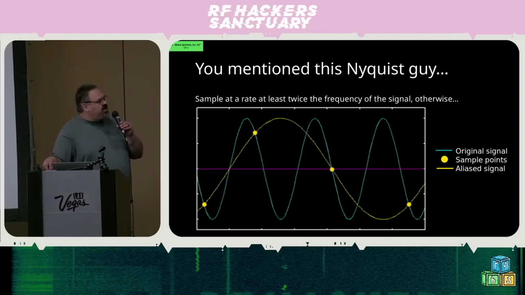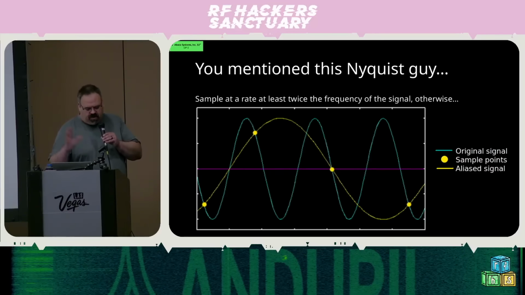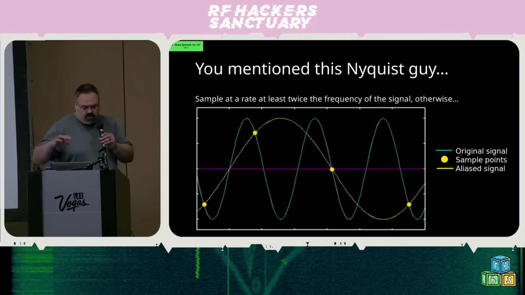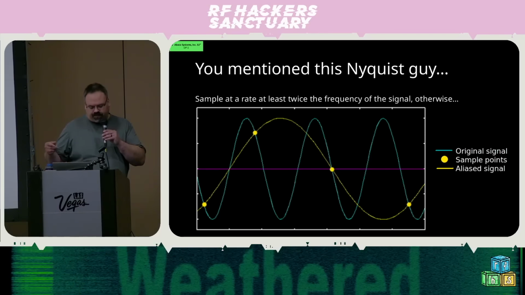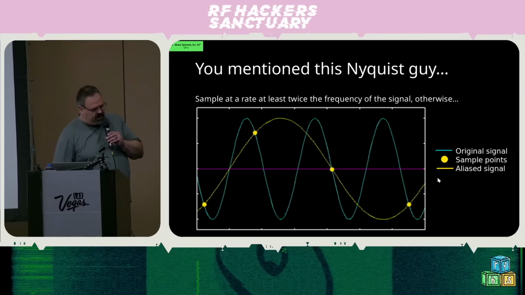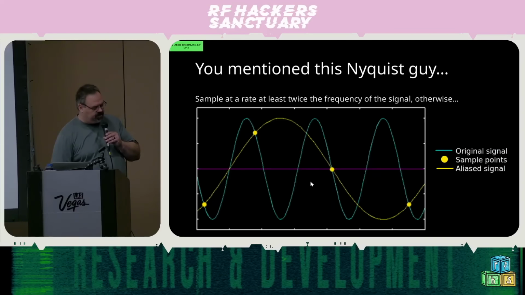So here's kind of what happens when you're oversampling, or I'm sorry, not oversampling, aliasing. The Nyquist rate, like I said, means you have to sample at twice the rate of the signal that you're capturing. On this graph, we can see there's this signal here in the light blue or teal.